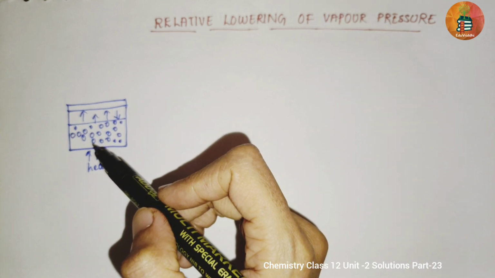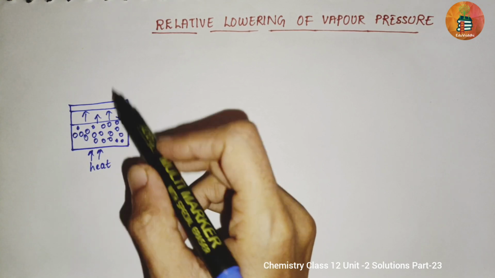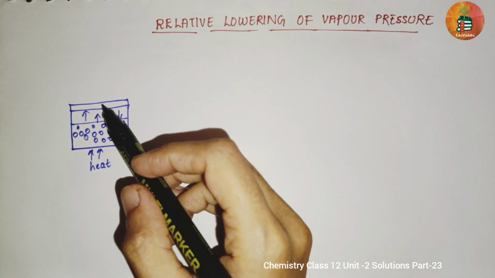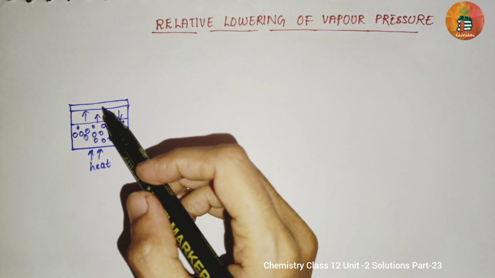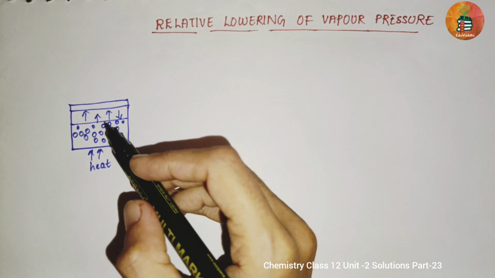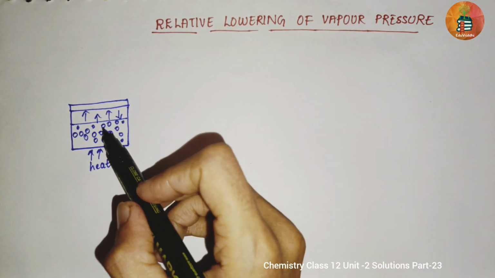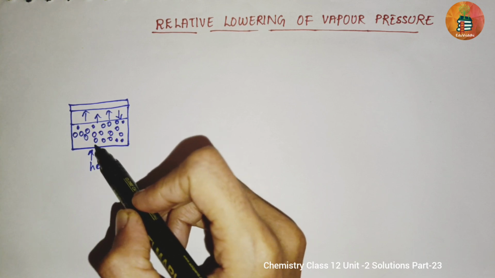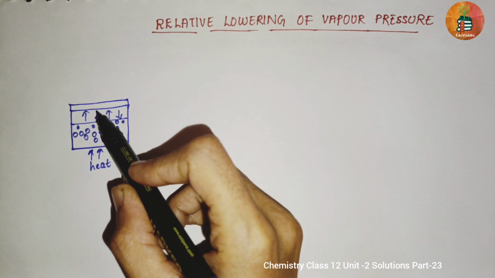At a certain stage, the rate of condensation and the rate of evaporation, that is the molecules changing from liquid into gaseous or vapor state, and the molecules changing from vapor to liquid state, will be equal, and that is called equilibrium.